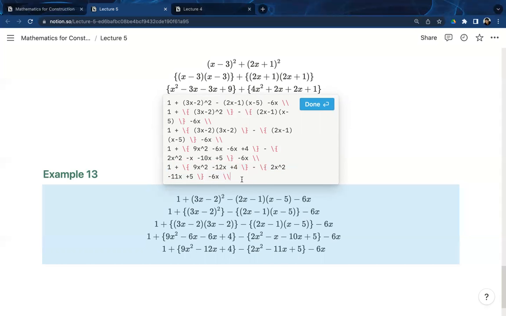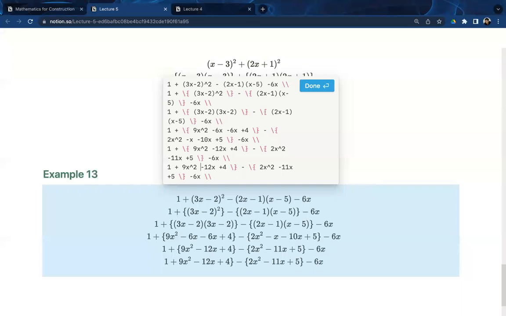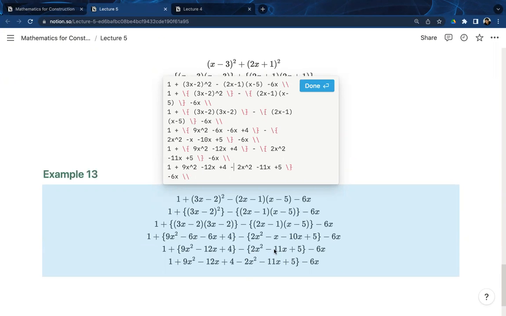Now be careful when you're removing these brackets, because it's okay for the first one, because the bracket in front of the 9 has a positive sign, so it's fine. But here you have a minus sign, so I'll be very careful. It means every one of these 3 terms here will be multiplied by negative 1. So the positive in front of this 2x squared here, which is invisible, becomes negative. This negative 11x becomes positive. And this 5 becomes minus 5. Okay, and then you take out our brackets there.